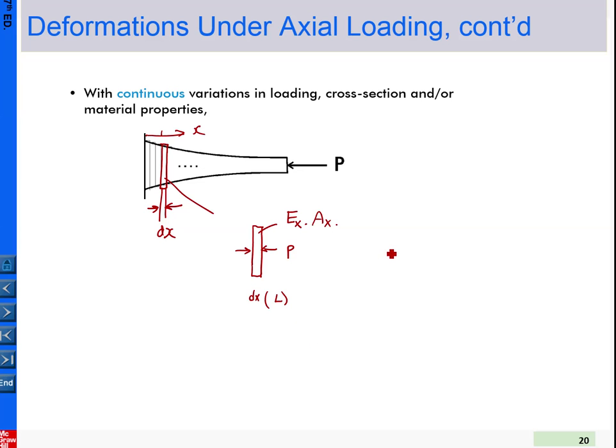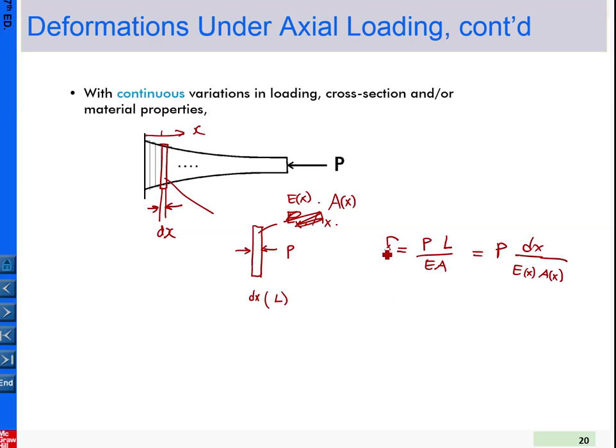So again, the deformation for this case would be equal to PL over EA. That is our template. So basically P, and L equal to dx, and E is a function of x, A is a function of the position.